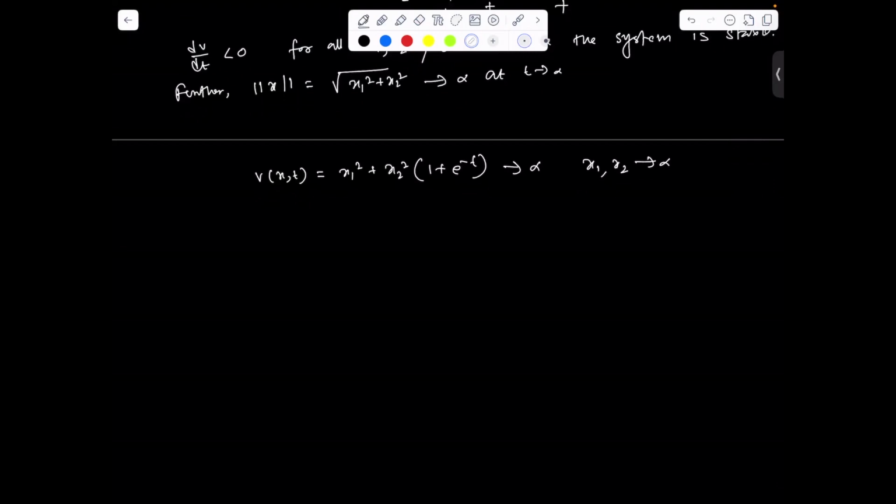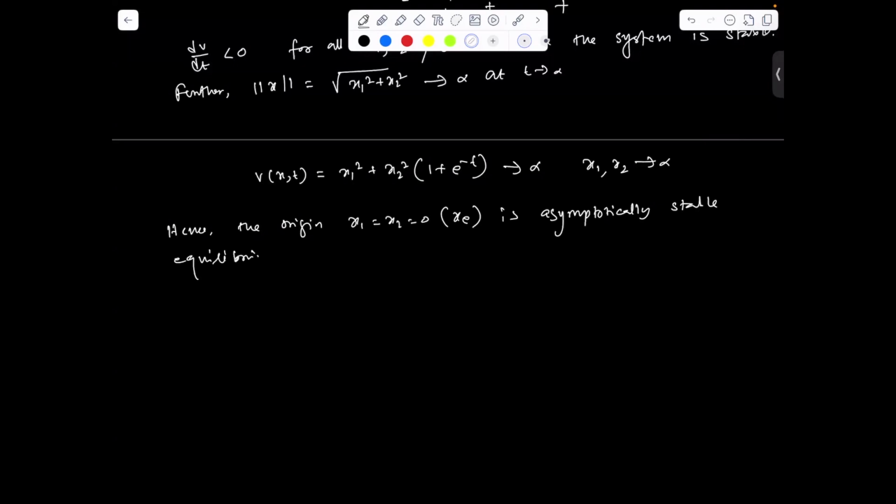So hence we can write the origin, which is x1, x2 equal to 0, which is the equilibrium point also, is an asymptotically stable equilibrium point.